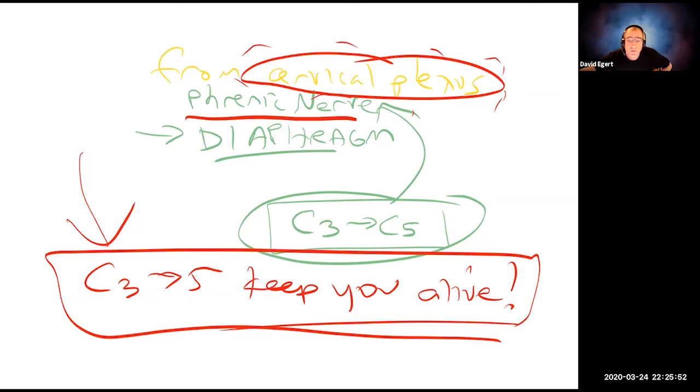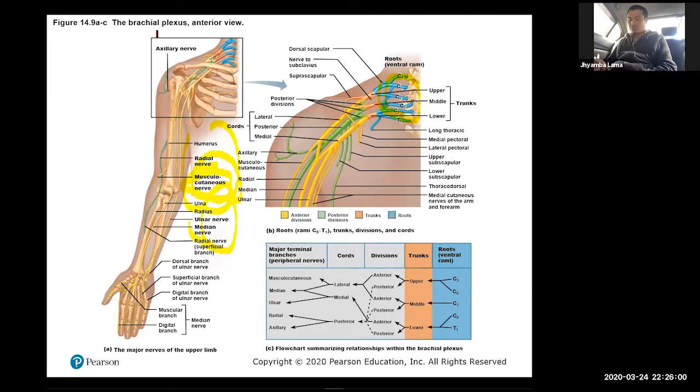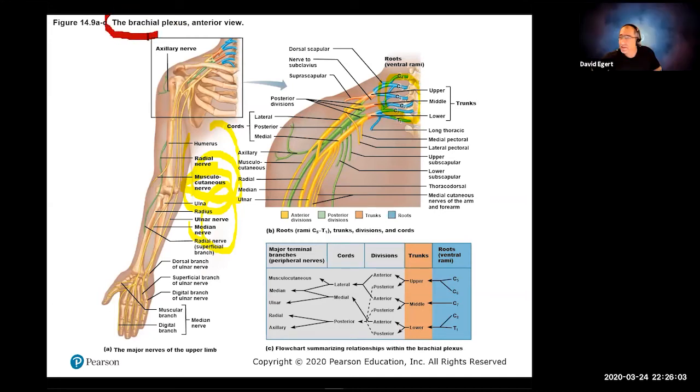Now we're going to look at the brachial plexus. It is the most complicated of all of them in terms of having to understand the details. Even though ultimately you just need to be able to recognize the musculocutaneous nerve versus the ulnar nerve versus the median nerve.